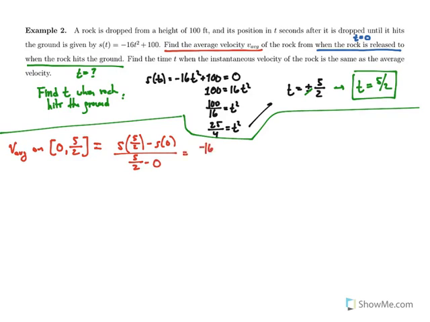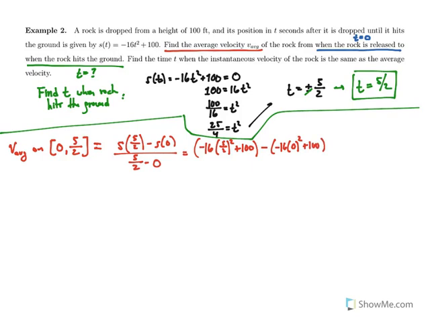That's going to be negative 16 times 5 halves squared plus 100, which we know is going to be 0, minus negative 16 times 0 squared plus 100, which should be 100.